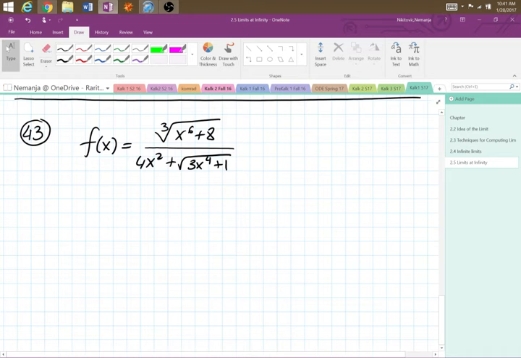What is the highest exponent? We have one answer that says squared. Anything else? Squared is right.